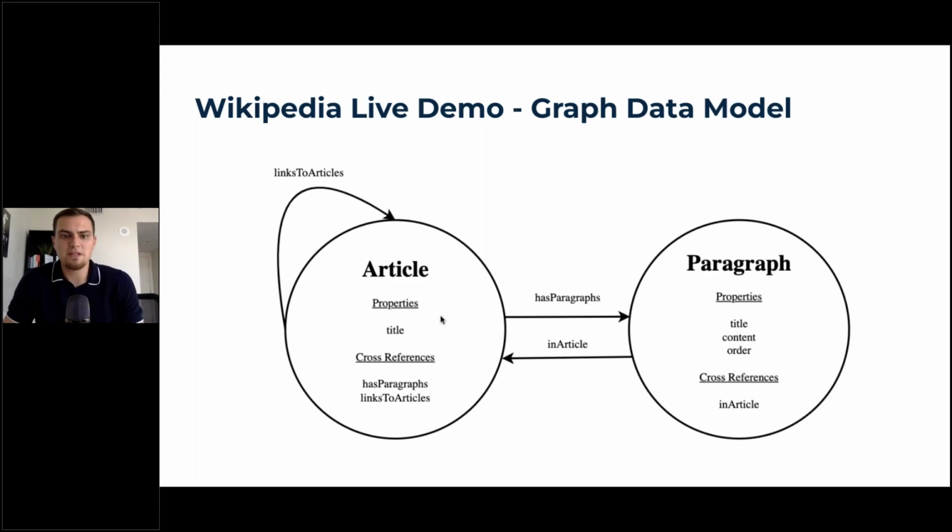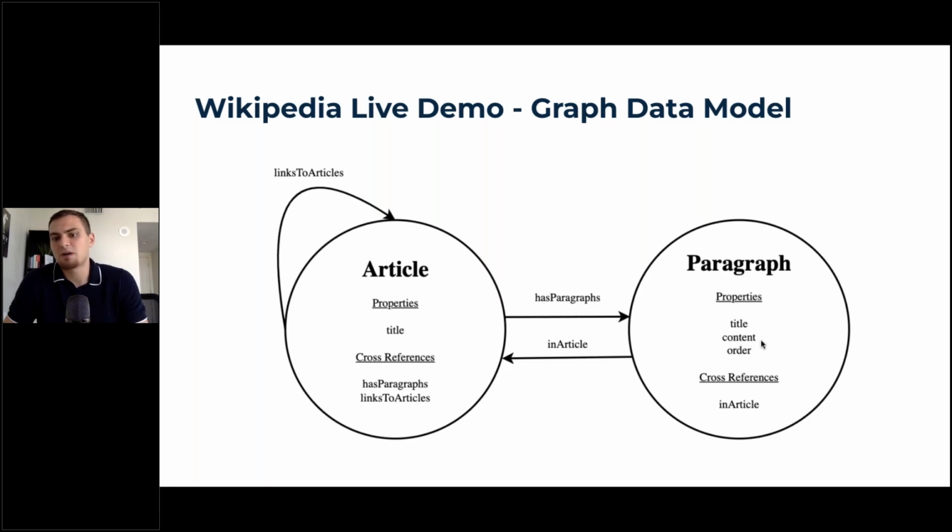So in the Twitter example, our class was tweet, and we had properties like tweet text, impressions, URL clicks, and so on. But in the Wikipedia demo, we have two different classes, and they have named relations between them, as well as a recursive named relation back to itself. So we have articles in Wikipedia, like say the Miami Heat article that has a title, and then within the Miami Heat article, it has paragraphs.